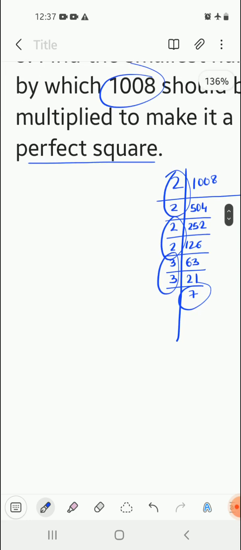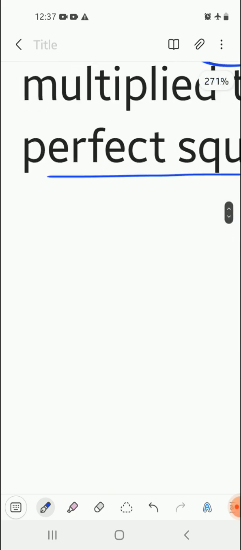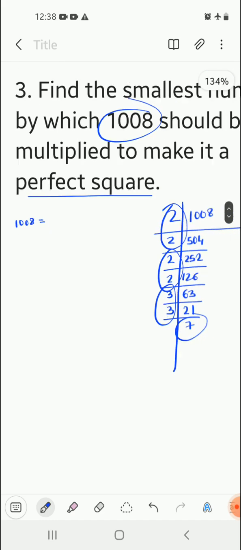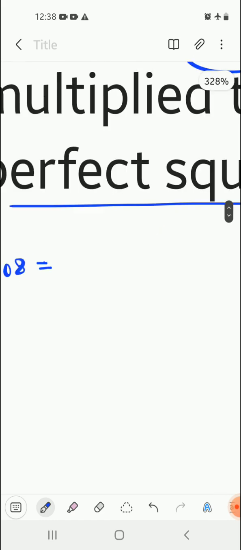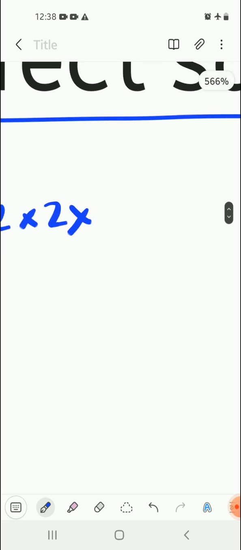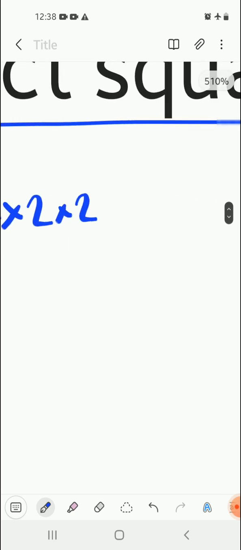So we can conclude that if 1008 is multiplied by 7, then we will achieve a perfect square number. So we are going to write it this way: 1008 is equal to 4 twos, 1, 2, 3, 4, and two threes and a 7.